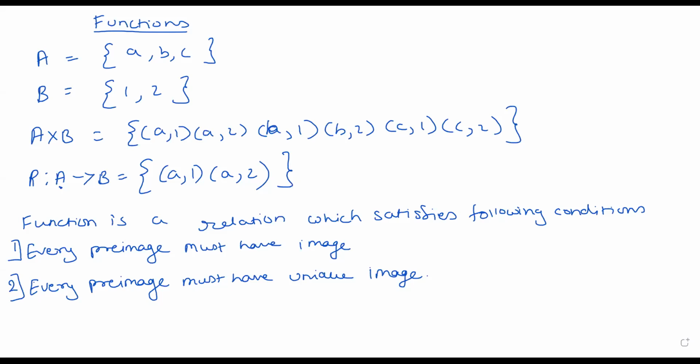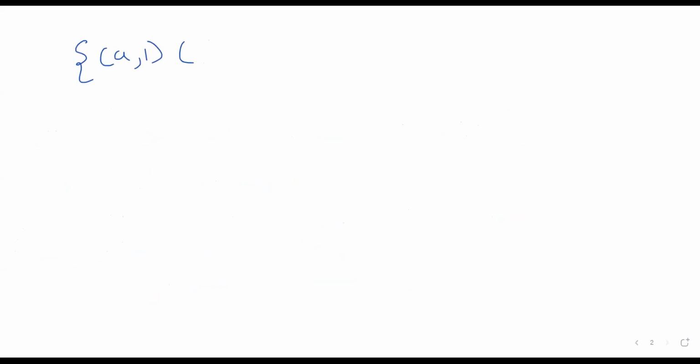Again, if there is even one element in A which has two elements in B, then also it will just become a relation and not a function. So for a relation to become a function, these two conditions are very important.